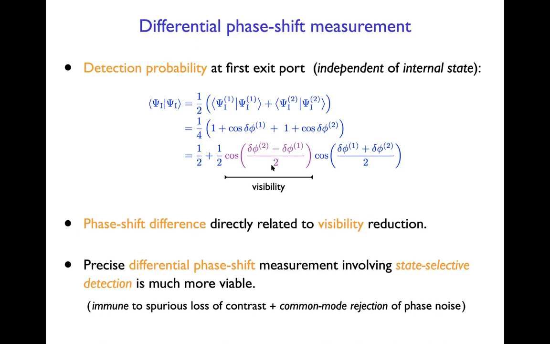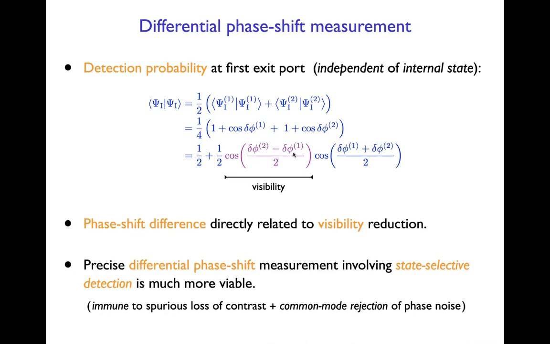So you have this very good common mode rejection that suppresses the main contributions to noise in your measurement of the phase shift, and even some of the main contributions of the systematic effects. So by performing the state selective measurement, extracting the phase shift for each one of them, and then considering the difference between the two, this differential phase shift is something that is extremely robust and that you can measure very, very precisely.